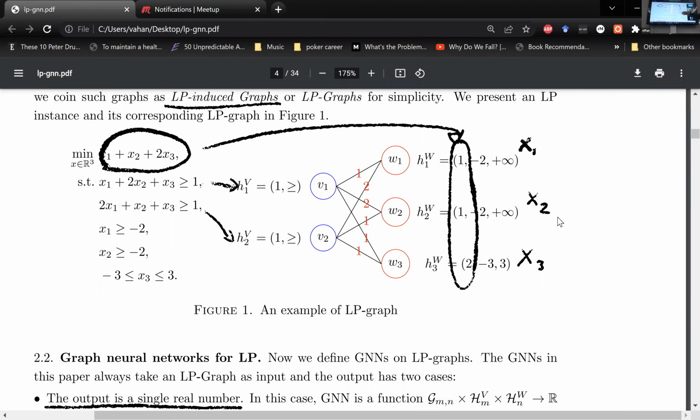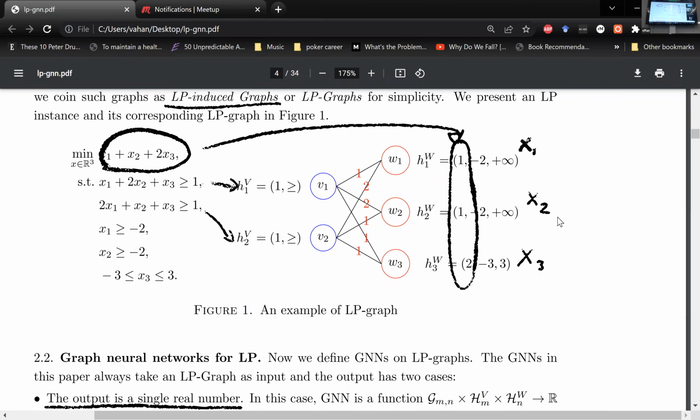I guess you can do it many different ways; this is one way to do it. The first element for each variable is the objective function's coefficient. Then the second and third represent the bounds for each variable. So x1 is only lower bounded by -2, you have -2 and infinity. Same for x2, and x3 is bounded by -3 and infinity.